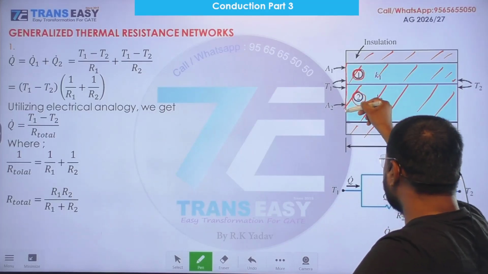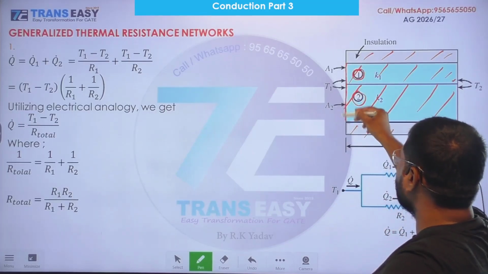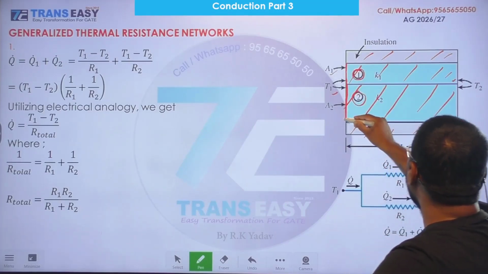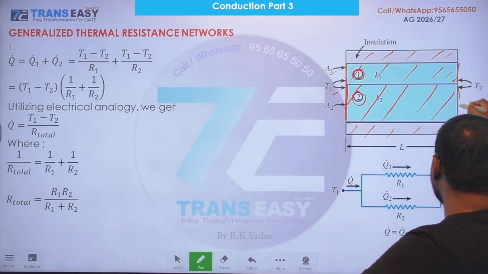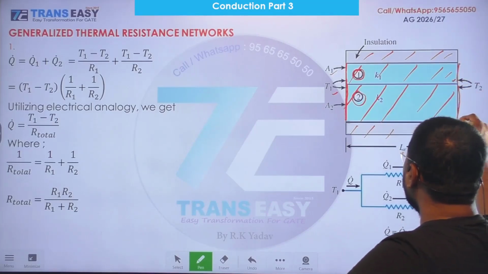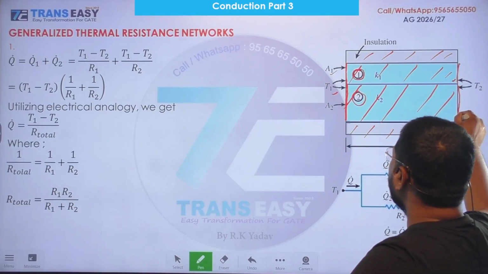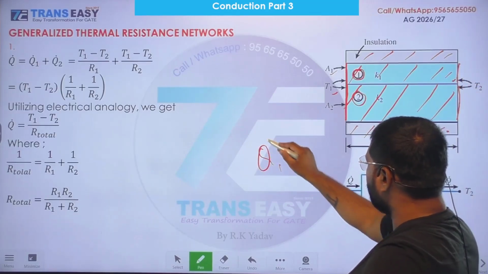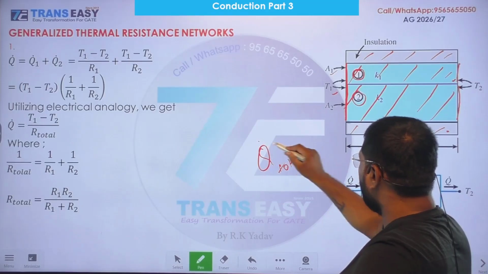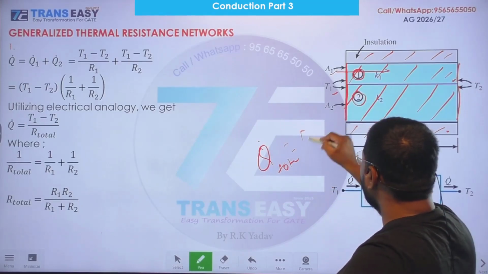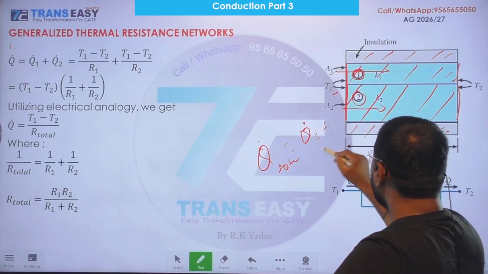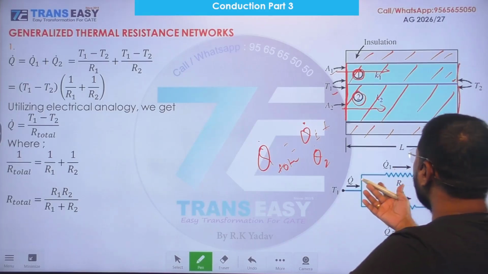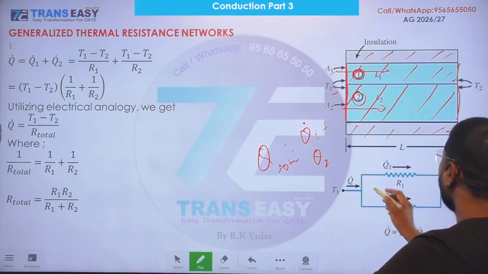This face is at temperature T1, this face area is A1, this face area is A2, this face is temperature T2 and this is also at temperature T2. So the total heat transfer rate from this to this can be written as the total through this plus through this. Q dot 1 you can easily calculate.